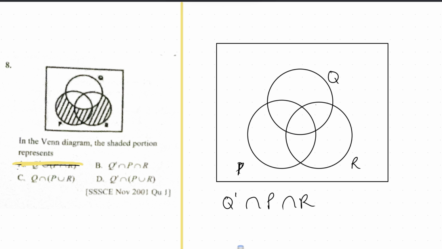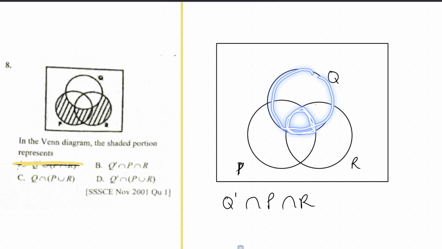So we need to find the intersection between Q complement, P and then R. That is everything outside of Q, and then P and R. As we notice, P and R already enter into Q, which is this portion.